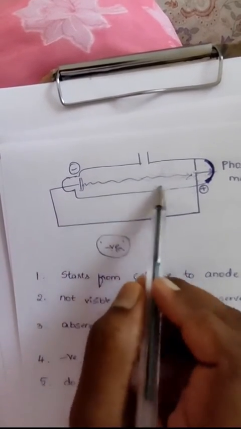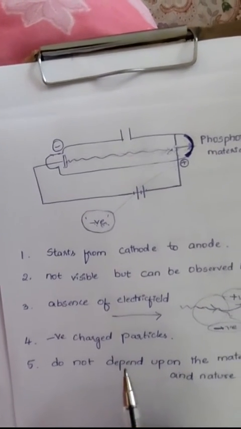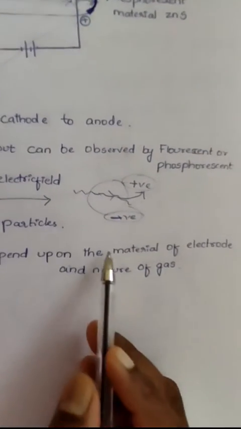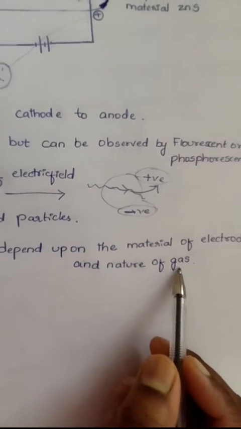The gas doesn't define the characteristics of these cathode rays, so they are independent of the material of the electrode and the nature of gas.